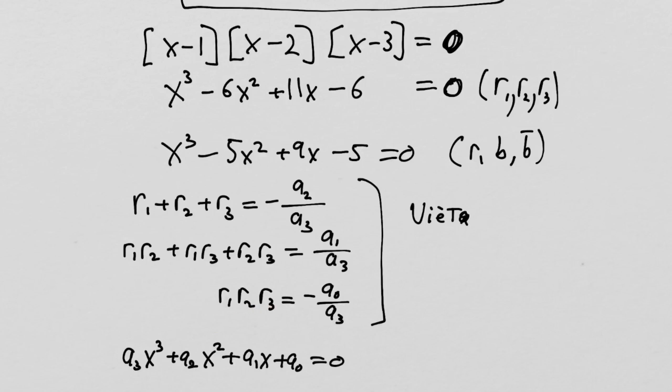So the product of the three roots here is also minus A0 over A3. It's just that R2 and R3 are replaced by B and B conjugate. We could actually check that right here.